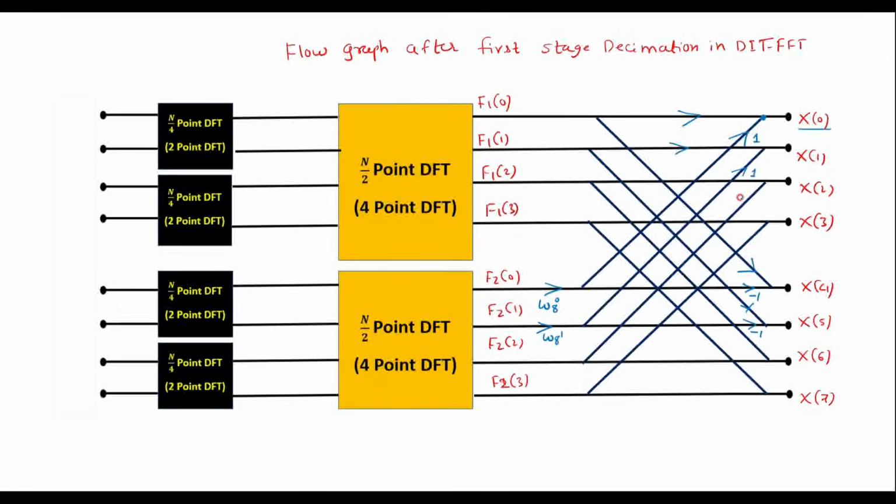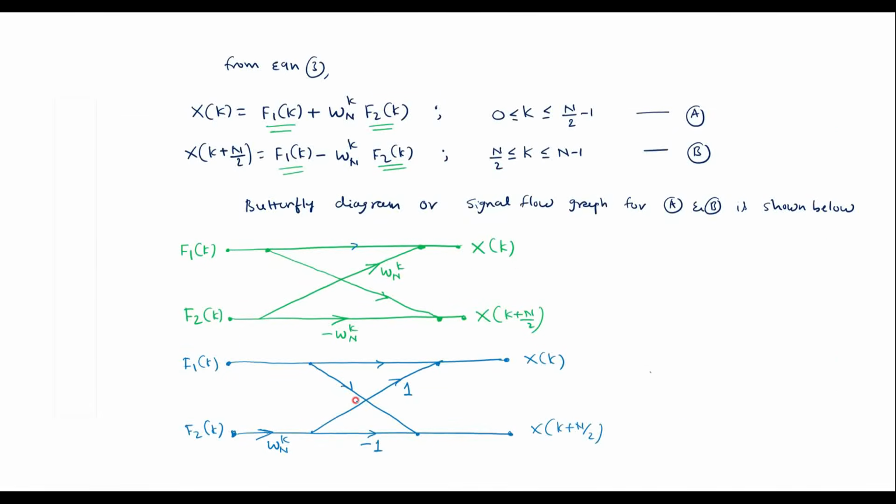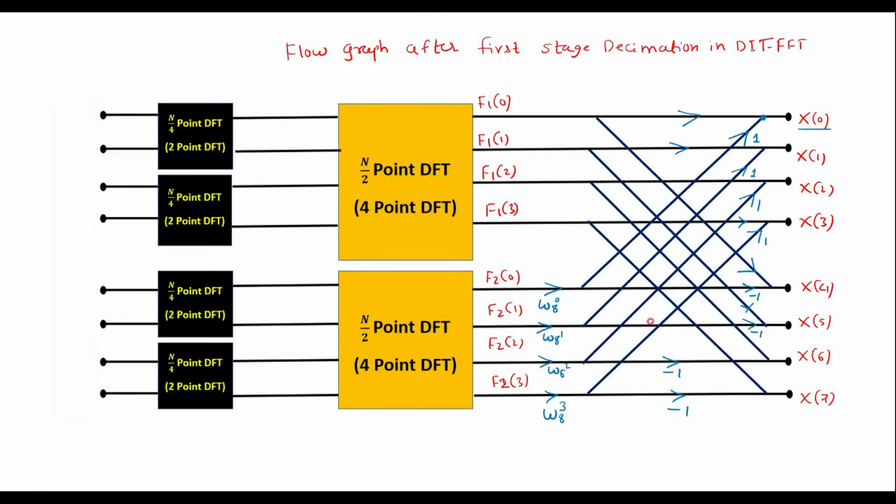Similarly for x of 2, it will be 1, and here we can see that it is w8 power 2, and for this line it will be minus 1, that is x of 6. And for x of 3, it is 1, here it will be w8 power 3, and here it will be minus 1. So this is the butterfly diagram. So this is the same butterfly diagram that I have drawn here.